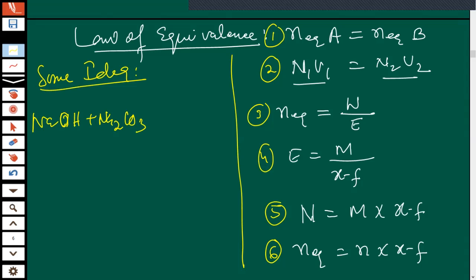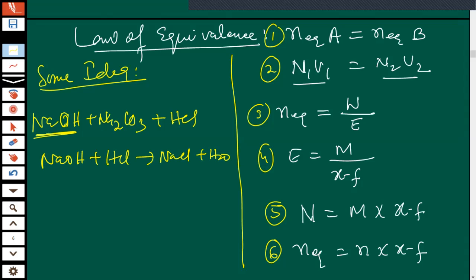If this is the mixture, then if you react with HCl, acid, this will complete in one step, children. Like this, NaOH plus HCl gives you NaCl and water, right? But this will react in two steps.